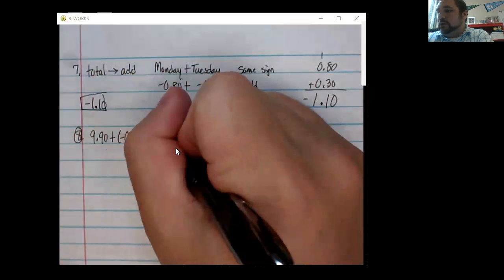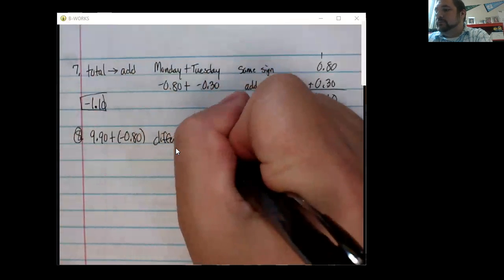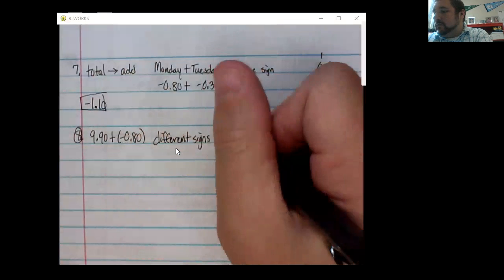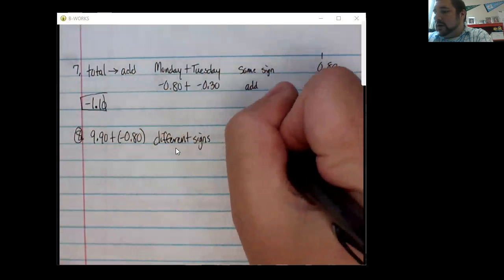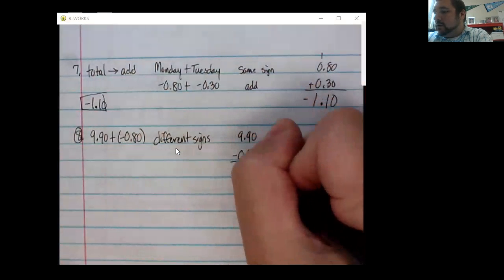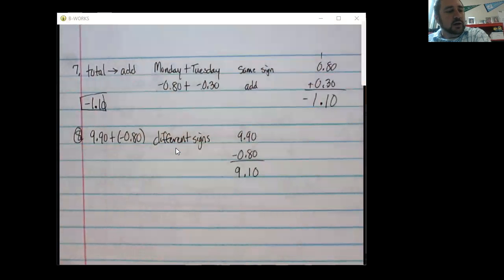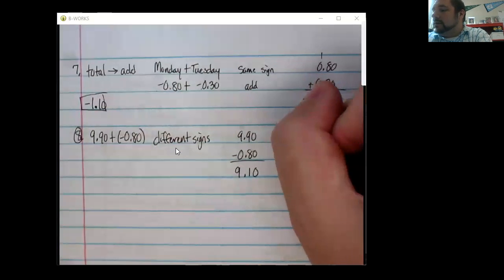That means we are going to subtract. First of all, we have to set it up. 0.80, line up your decimals. 0, that's 1, and that's 9. So that means at the end of Monday, then it will be $9.10.